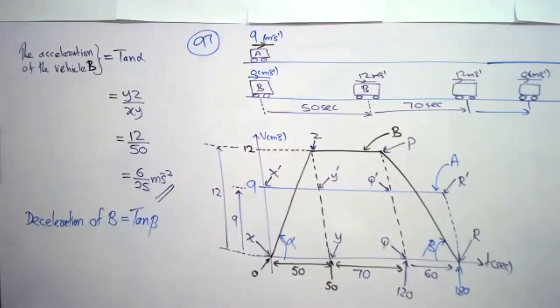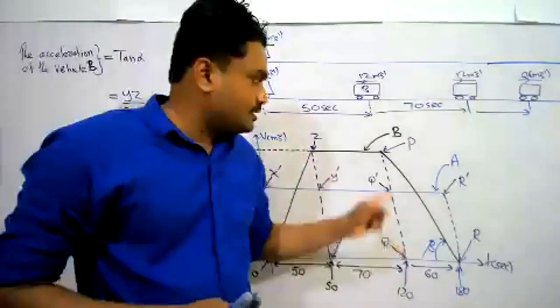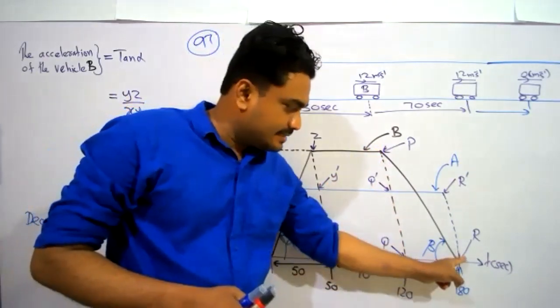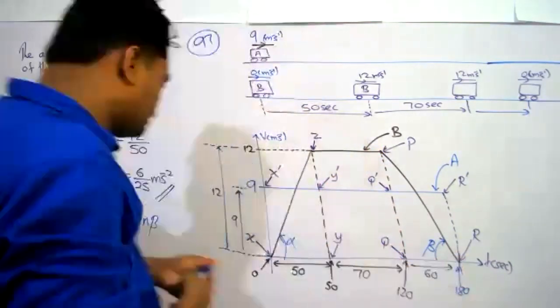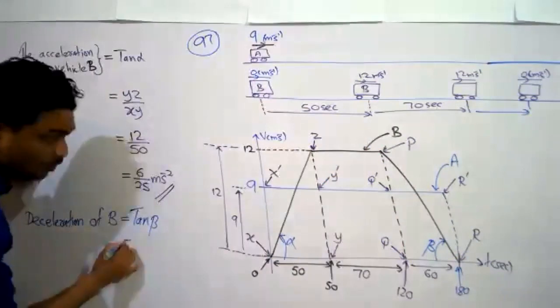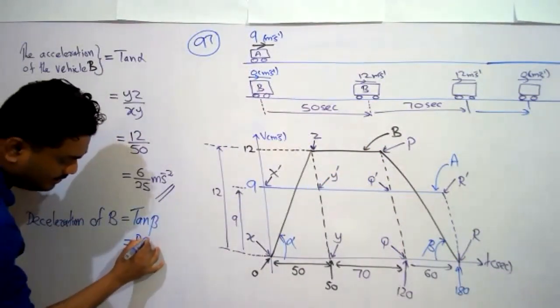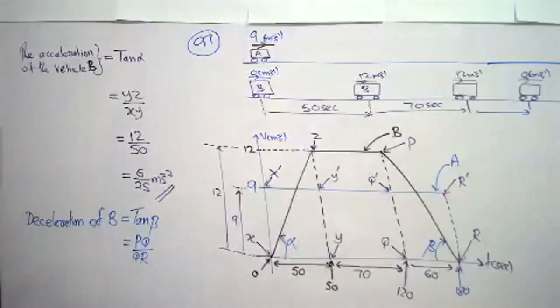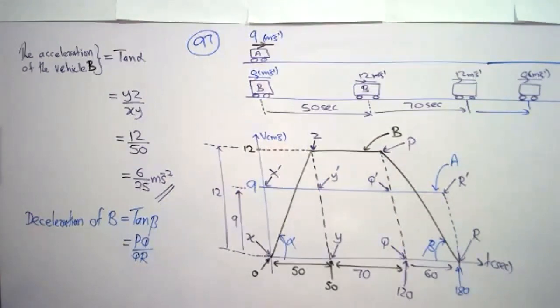Right. Tan beta is opposite side, that is PQ, divided by adjacent side, that is QR. So tan beta is opposite side PQ over QR. Can you see the board clearly? Yes, sir.